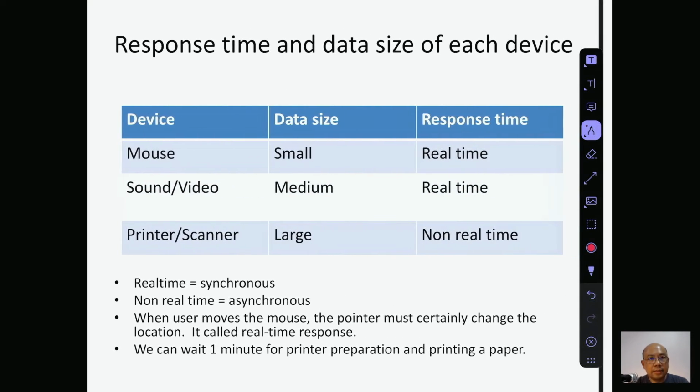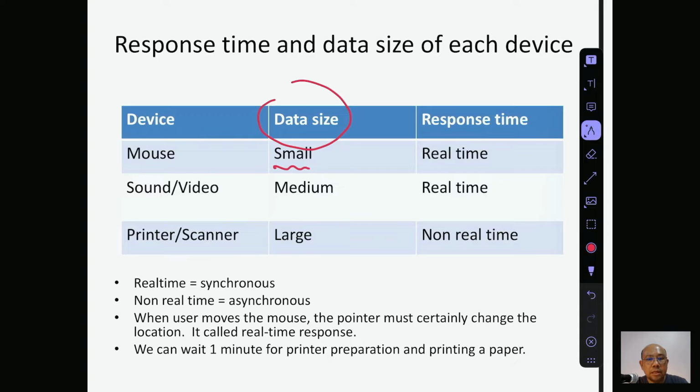So I conclude the response time and data size in this table. Here in this table, we have three devices: mouse, sound or video, and printer or scanner. The mouse uses a small data size, about a kilobyte, not up to megabytes, when you move the mouse.